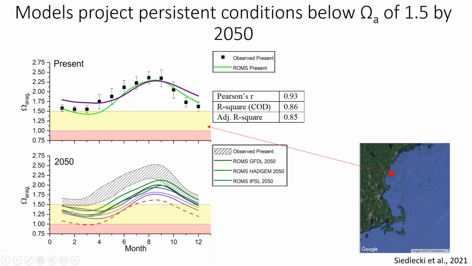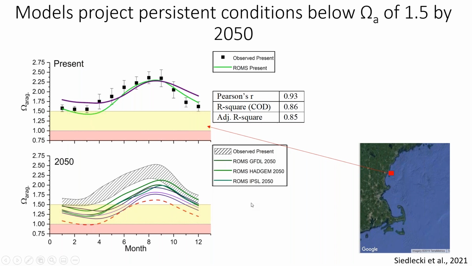As a part of this project, species impacts of ocean acidification were also reviewed, and a threshold of aragonite saturation state of 1.5 was identified as potentially harmful to organisms. Here, that threshold is plotted in yellow.